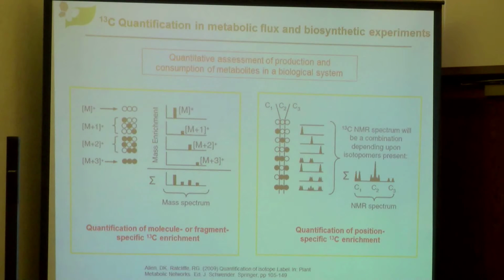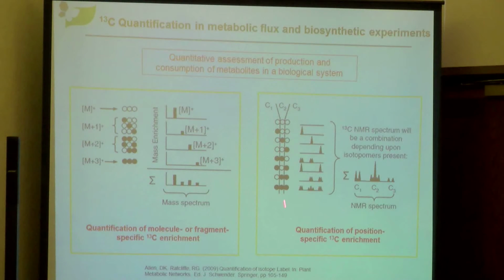This is also a teaching slide showing that the quantification of labeling can be done by mass spectrometry, of course, but in such a case, the molecule or the fragment-specific enrichment can be measured.